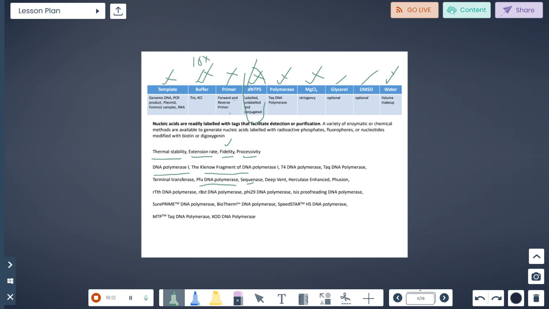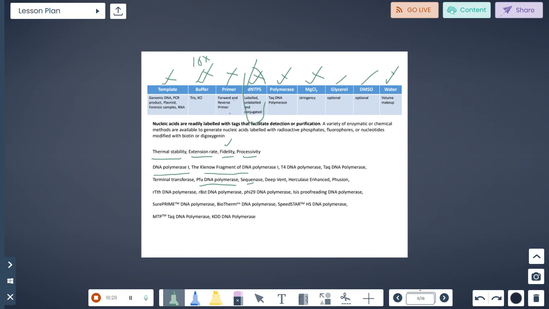When you use a normal Taq polymerase, you won't get a long extension. So when you use this Sequenase enzyme, you will get a very good amplification, and the product length will be larger.